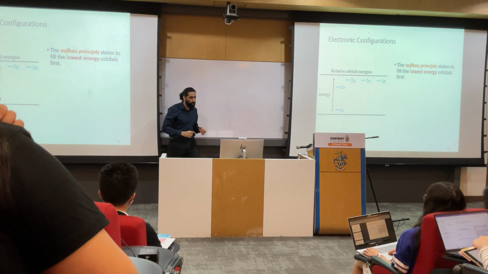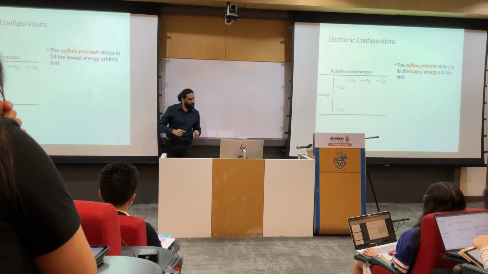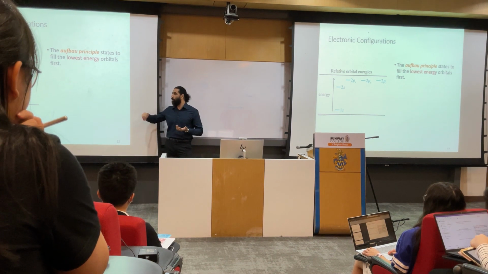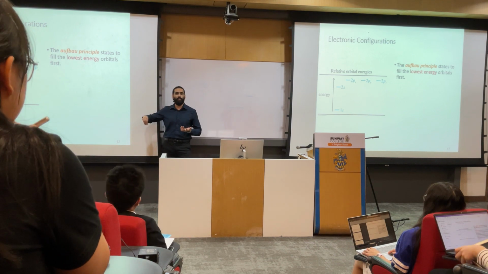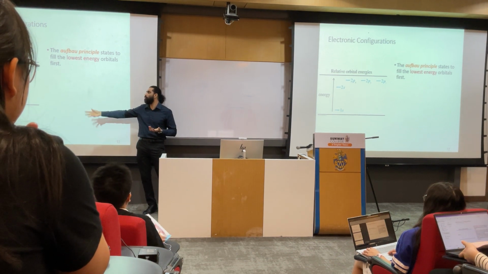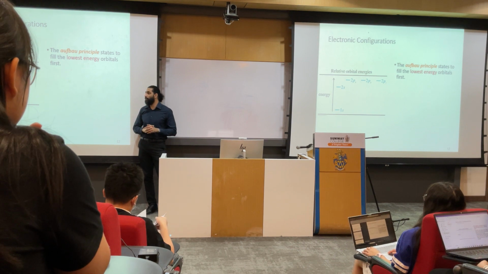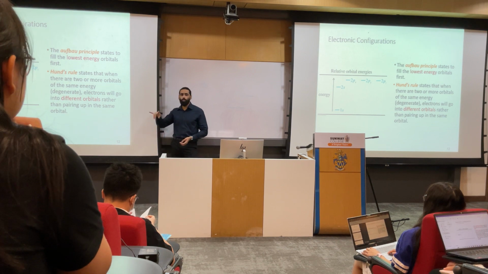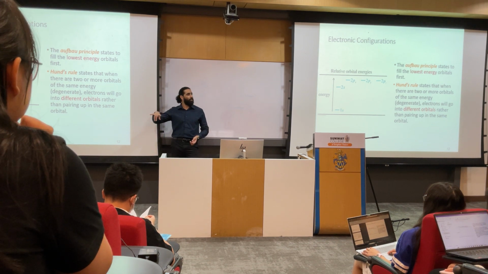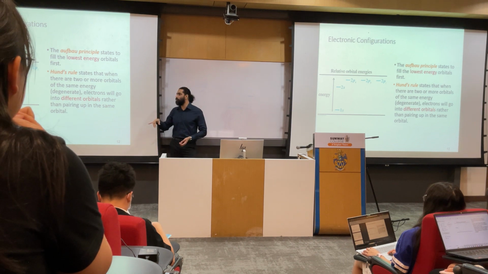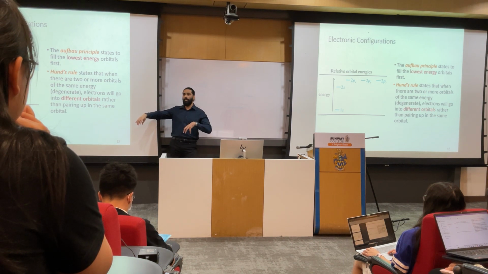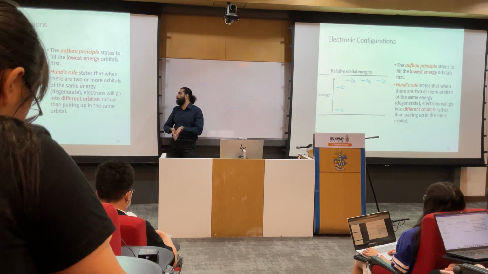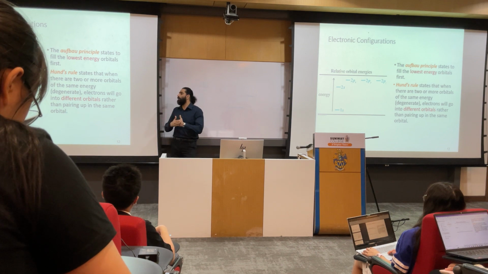Yeah? So Aufbau's rule says that when you have to fill electrons in different orbitals, you will start with lower energy orbitals first, and then you go to the higher energy levels. And then Hund's rule says that if there are two similar energy orbitals available, then the electrons would like to be unpaired first, and later, only if there are further electrons, they would like to be paired, because for pairing electrons, further energy is required.